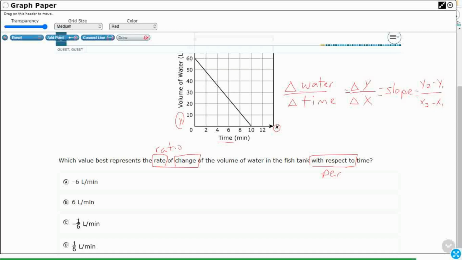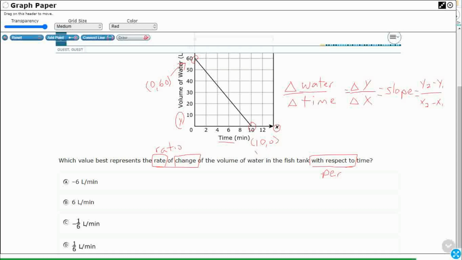So we're looking for coordinates that are exactly on an intersection, and really the only two I'm seeing are the two intercepts. Okay, so I see this first intercept as 10, 0, and I see that one over here as 0, 60. My x and my y intercept. But that's fine.